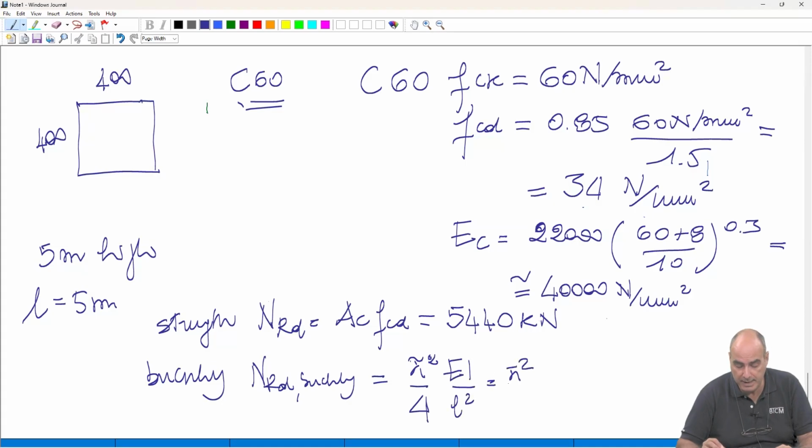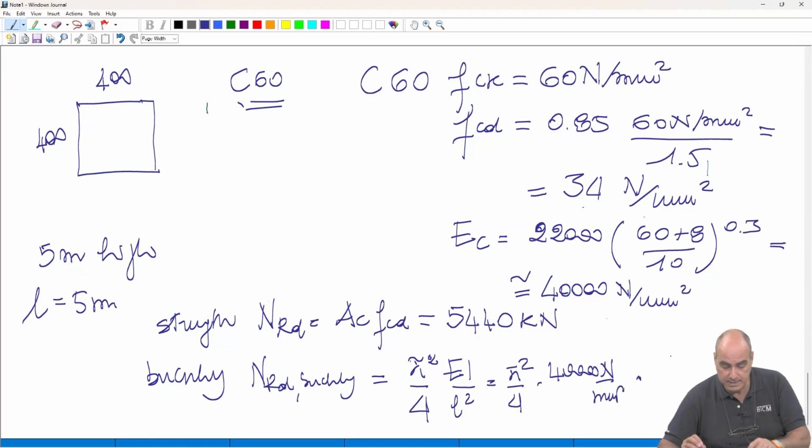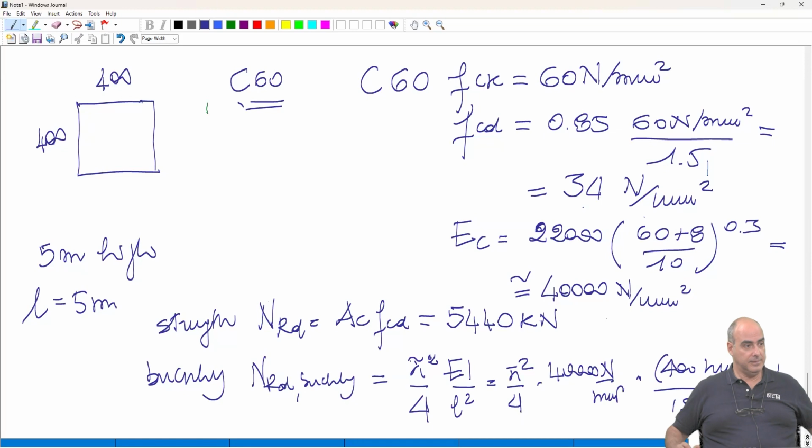So it will be pi square over 4 times 40,000 Newton per square millimeter times J, which is 400 millimeter to the fourth divided by 12, divided by L square, which is 25.